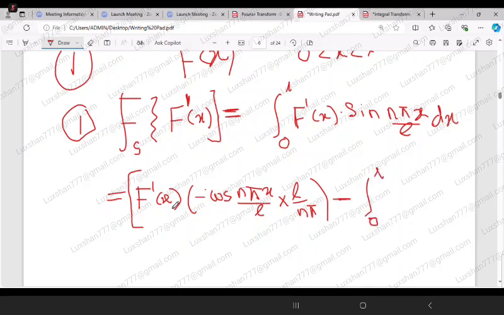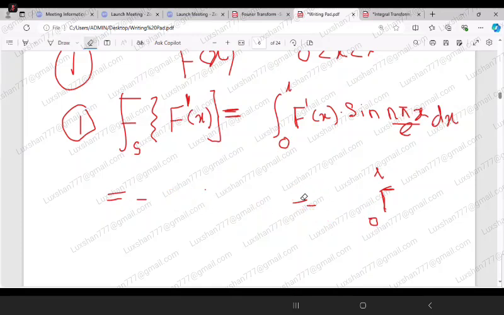0 to L, derivative of this one. So what is the derivative of this one? Sorry, derivative of this function. We'll take other way.